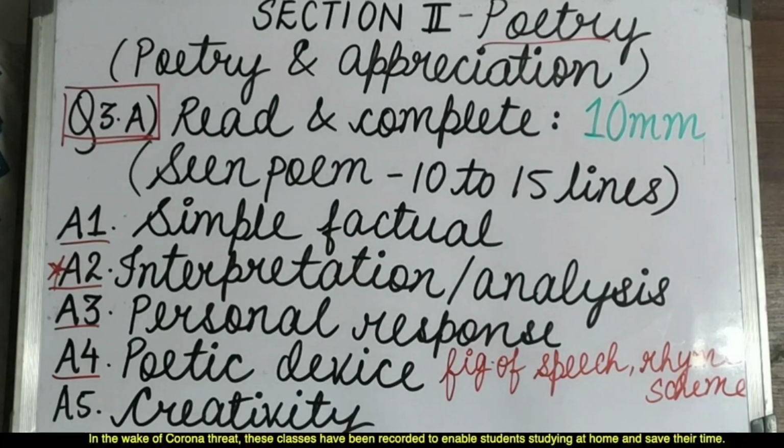Okay, and the next question which is important is A5, that is creativity. Creativity ये जो है इसमें आपकी जो creativity है उसको टेस्ट करने के लिए क्वेश्चन डाला जाता है.